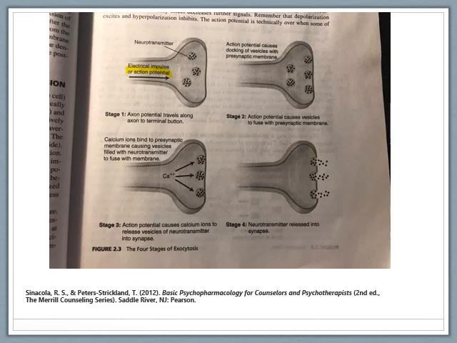Presynaptic membrane is simply, there's a pre and a post. Pre is what is releasing the neurotransmitters, and the postsynaptic membrane is the neuron that has the receptors that are receiving that information or neurotransmitters.